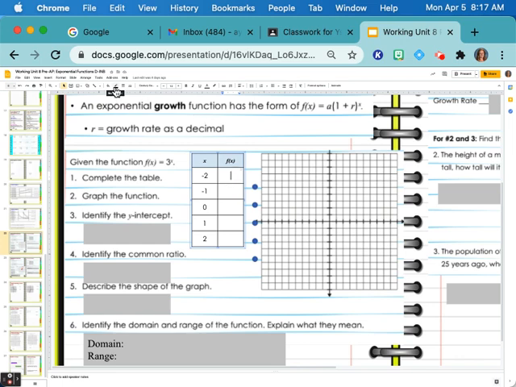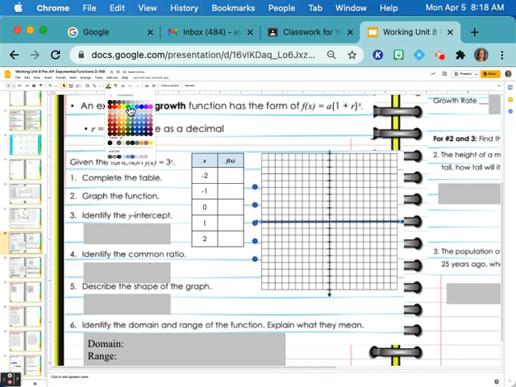So let's put a line there. Let me insert a line. And I'm going to color this line, make it a little green.